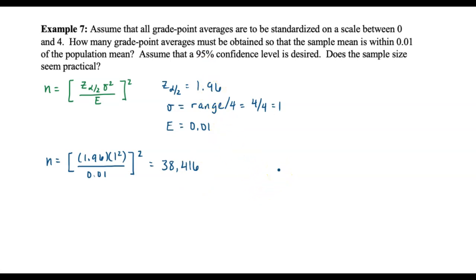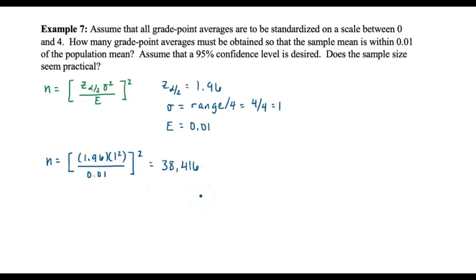Now, when we ask the question, does the sample size seem practical? It's a little bit difficult to give a black and white answer because it depends what we're talking about. If we're sending out a survey over the internet for grade point averages, in the United States or even in the world, yes, this would probably be reasonable. We are likely to get almost 40,000 results.